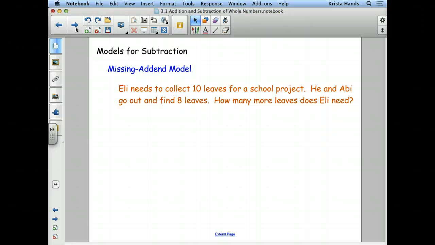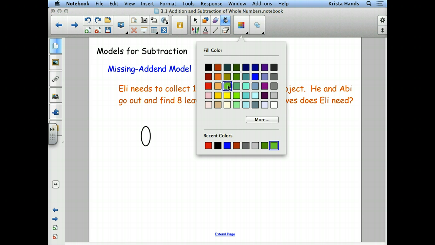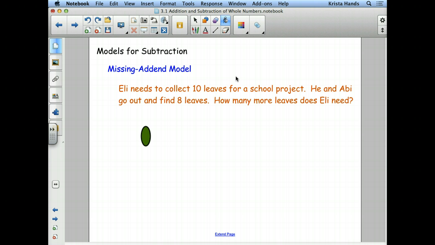Okay, so we can actually take our objects and we can create these. I'll make my leaf like this. Here's me a green leaf. And I'm supposed to have 8 of them. I have 8, right?